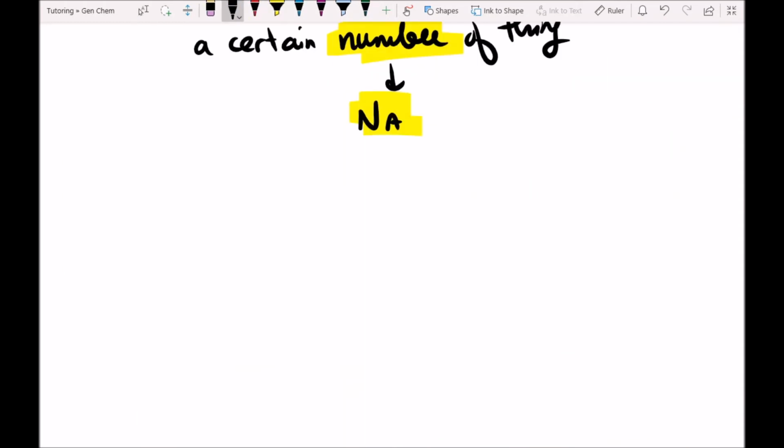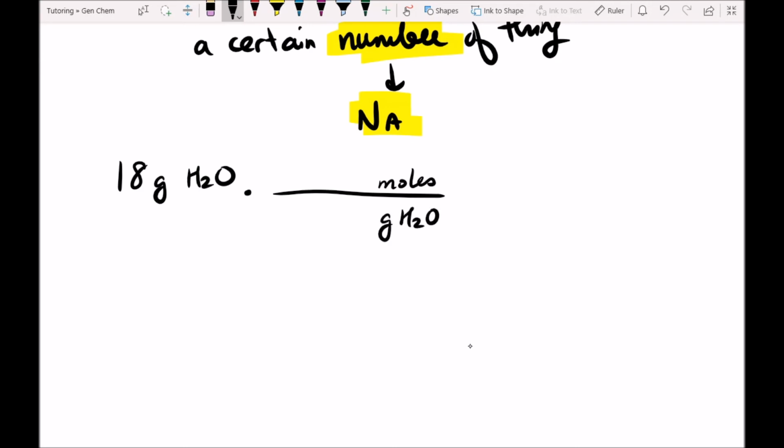Let's go over an example. So just like a dozen, let's do a simple unit conversion with Avogadro's number. Let's say we have 18 grams of water. Let's convert that into moles. So for unit conversion, we're multiplying by a fraction that is equivalent to 1. And here we want moles in the numerator and grams water in the denominator. So how many grams of water are in a mole of water?